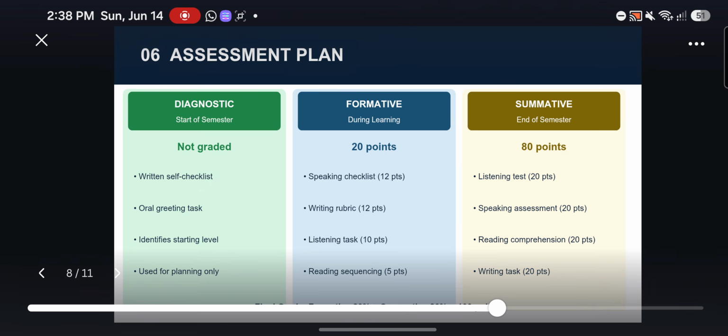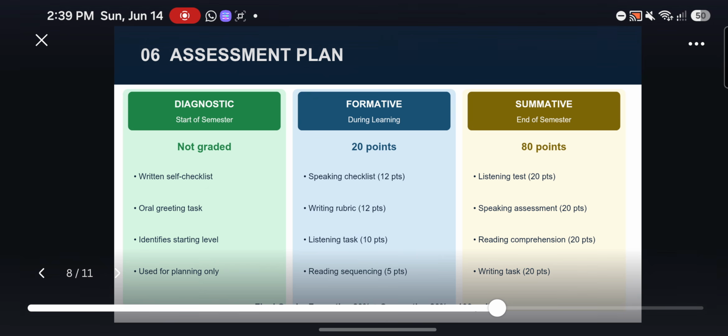The third is summative assessment. At the end of the semester, it tests all four skills: listening, speaking, reading, and writing. It's worth 80 points.